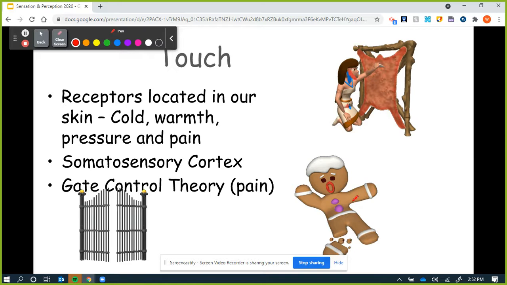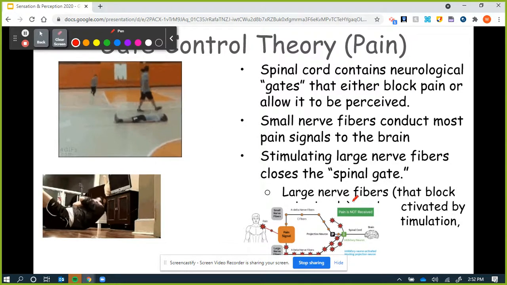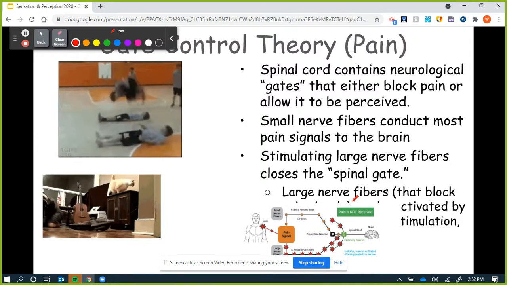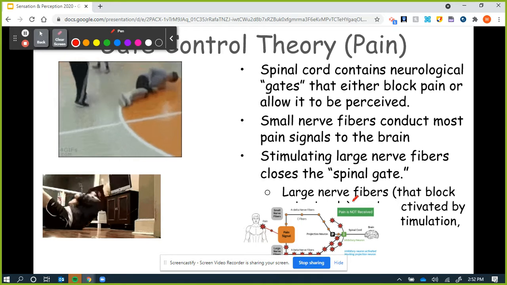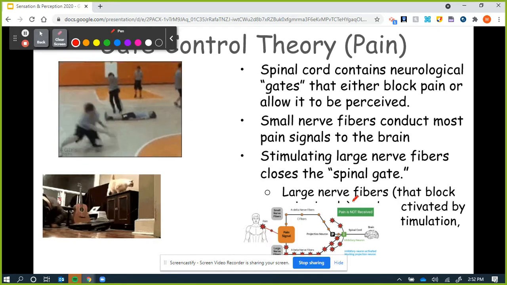How do we perceive pain? Well, there are a lot of different factors that go into pain, but one of the theories about pain signals making it to the brain is what is called gate control theory.